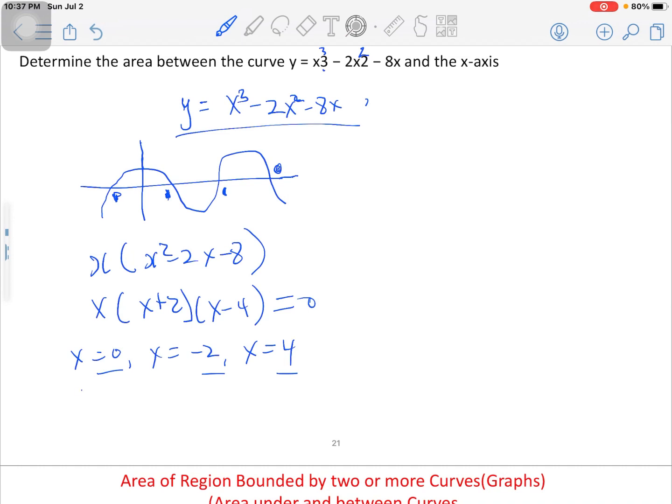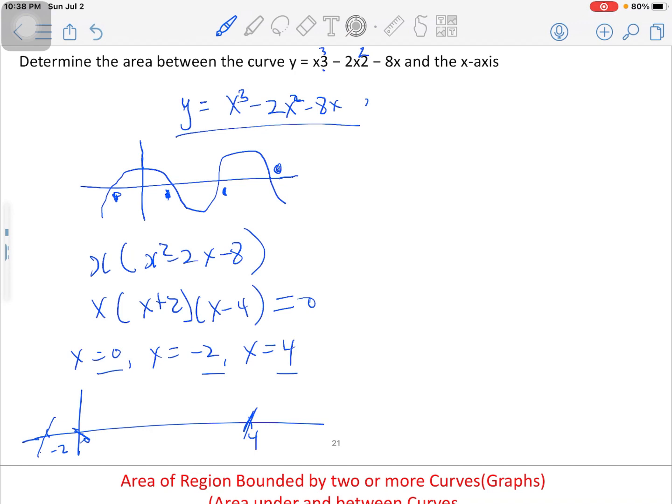So this means that given a graph like this, negative 2 here, let's say 4 is here, and then 0 is here. Given a graph like this, it means that the graph will pass through a point like this, and also pass through a point like this, and also through a point like this.